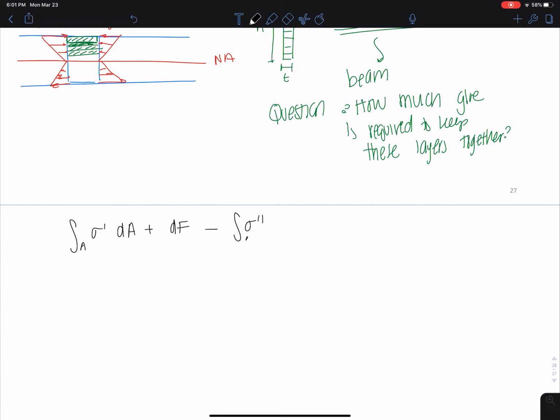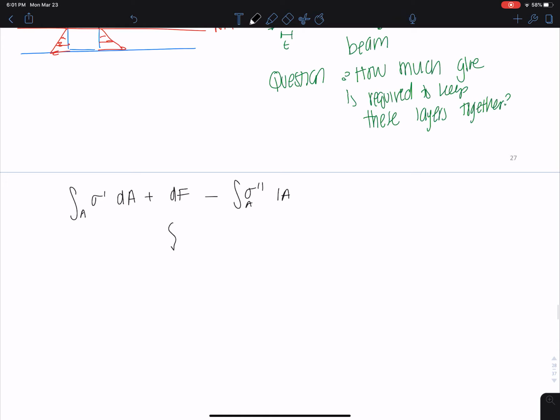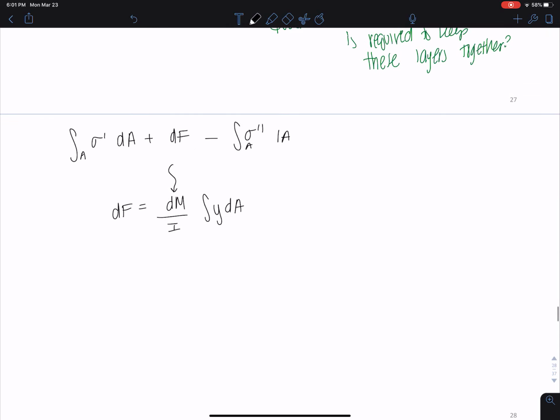And from this, we continue to derive, and we get this change in force equals dM over I integral of y dA. This is our first moment of area, and this is some constant differential change dM.